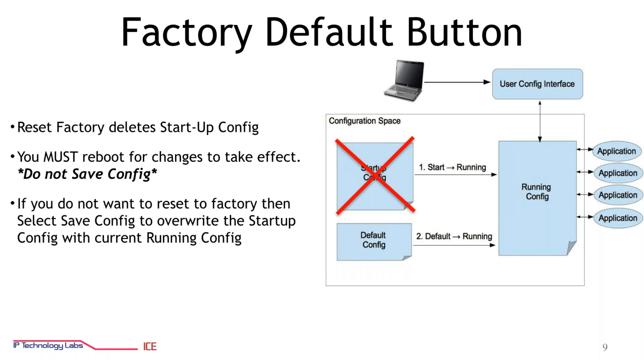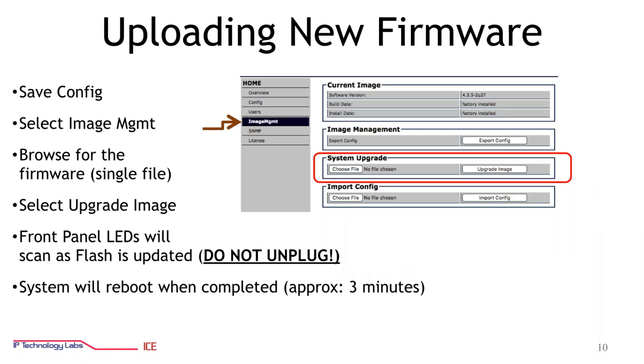So if you want a factory default, you can hit the factory default button in the web UI and then hit the reboot button, and then you will boot into the default config. On any of the devices that support a push button reset, if you hit that push button reset, it will reset the device to factory default, basically deleting the startup config, and then it will reboot the device. So it does both of them together within the button.